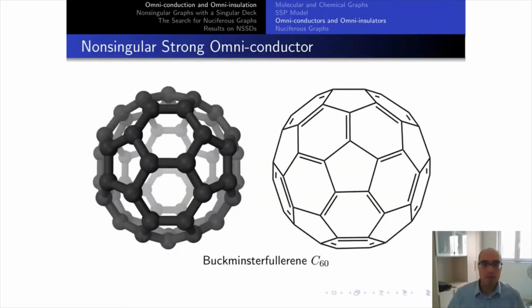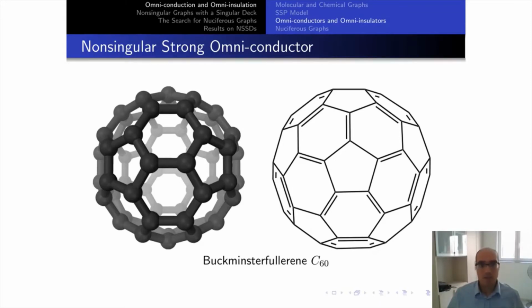This is an example of a non-singular strong omniconductor. It's the Buckminsterfullerene C60, which, as you're seeing, has the shape of a soccer ball, or if you are not from the US, a football.